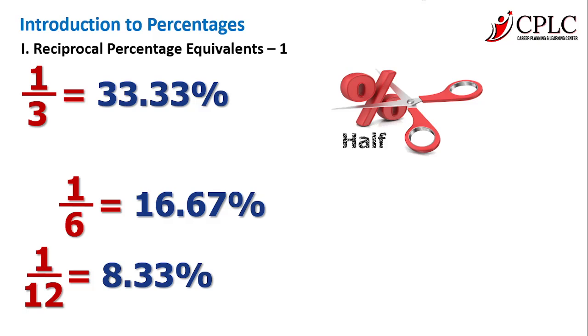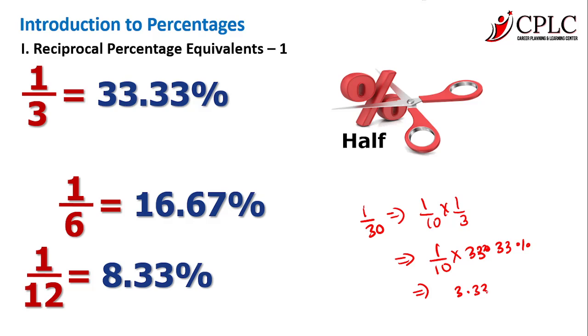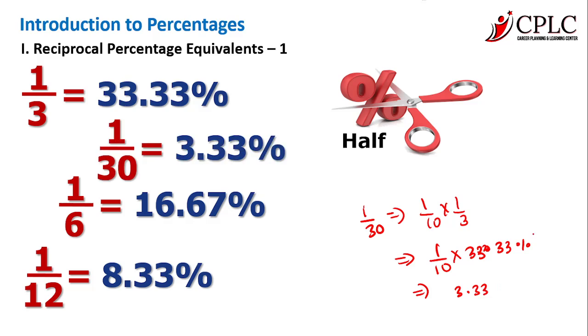And then the last one is 1 by 30. Now 1 by 30 is not half of 1 by 12, but we can say simply 1 by 30 is 1/10 of 1 by 3, for example. And hence we already know 1 by 3 is 33.33%. So 1 by 30 becomes 1/10 of that, which gives us 3.33%.